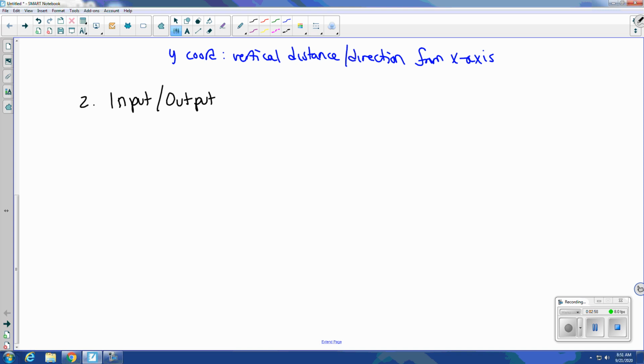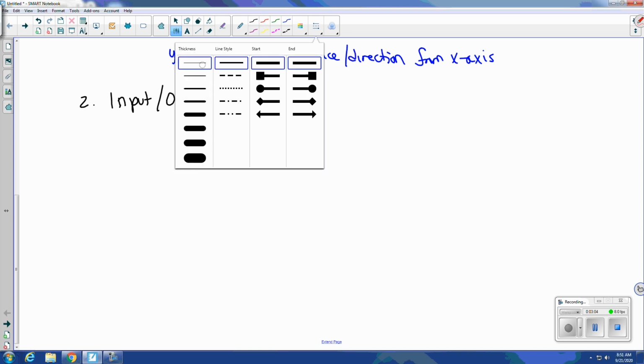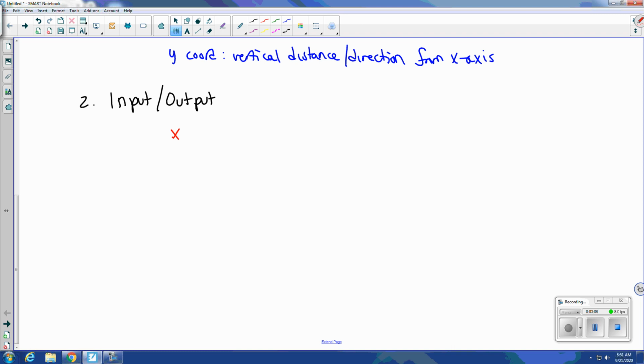So the input-output perspective: the x-coordinate tells you the input, or essentially what you're plugging into the equation or function.